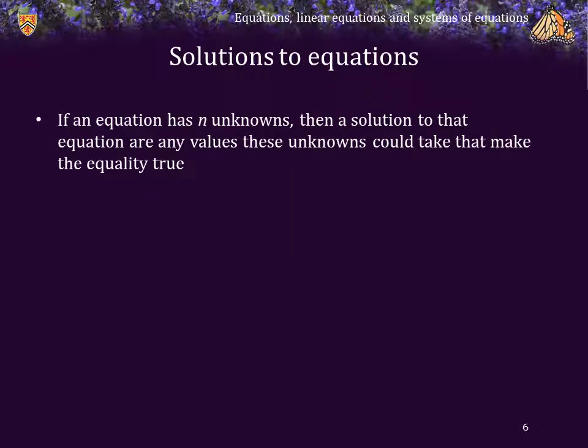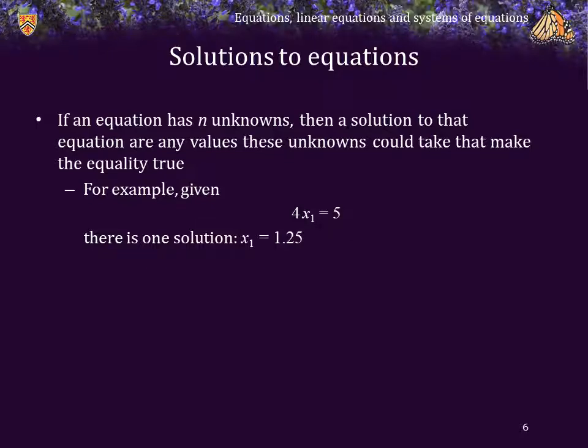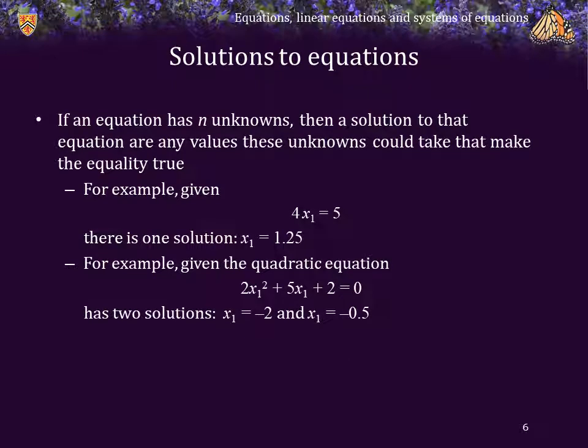Now, if an equation has n unknowns, then a solution to that equation is any values that these unknowns could take on that make the equality true. So, for example, given the linear equation 4x1 equals 5, there's only one solution: x1 is equal to 1.25. Given the quadratic equation we see here, it has two solutions.